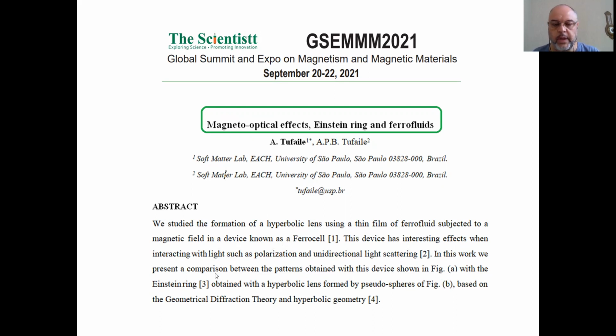In this work, we present a comparison between the patterns obtained with this device and Einstein rings obtained with a hyperbolic lens formed by a pseudosphere, based on geometrical theory of diffraction and hyperbolic geometry.